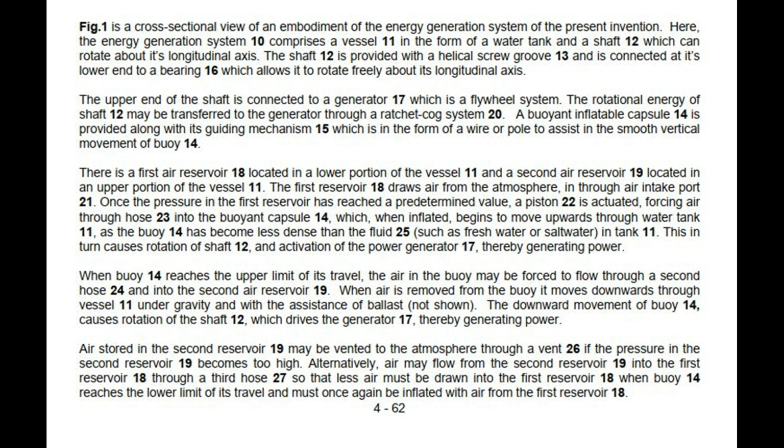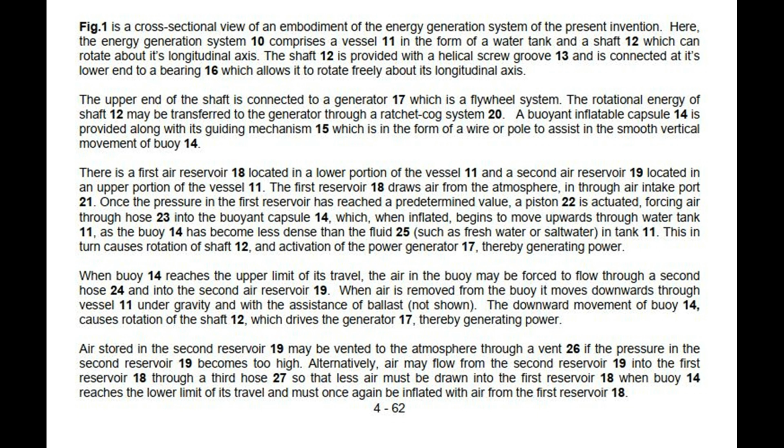Once the pressure in the first reservoir has reached a predetermined value, a piston 22 is actuated, forcing air through hose 23 into the buoyant capsule 14, which, when inflated, begins to move upwards through water tank 11, as the buoy 14 has become less dense than the fluid 25, such as fresh water or salt water, in tank 11. This in turn causes rotation of shaft 12, and activation of the power generator 17, thereby generating power.